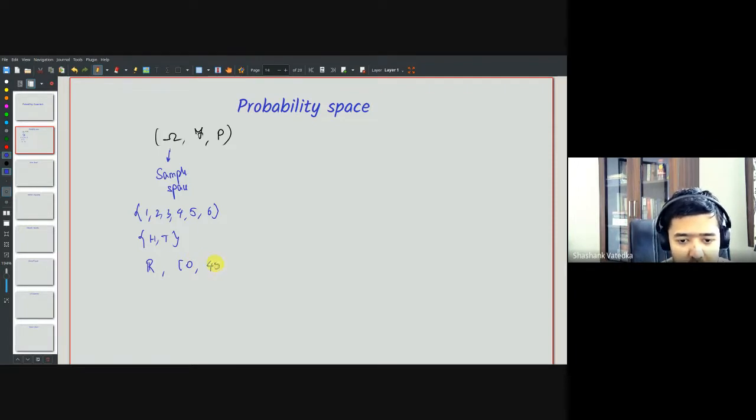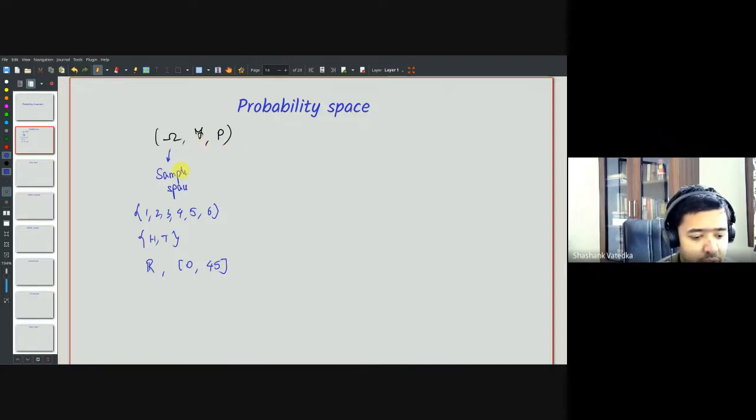So maybe in some particular region, the temperature only varies between 0 and 45 degrees Celsius, and therefore the sample space, that is the set of all possible outcomes, can be any real number between 0 and 45. Right? So this is the sample space.